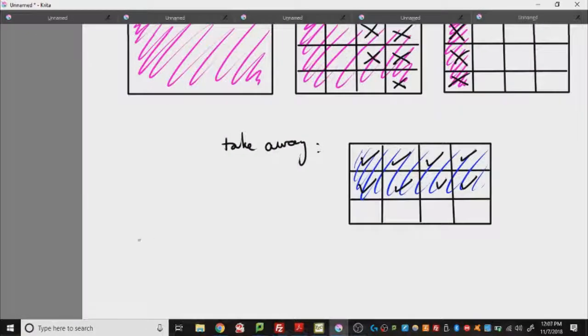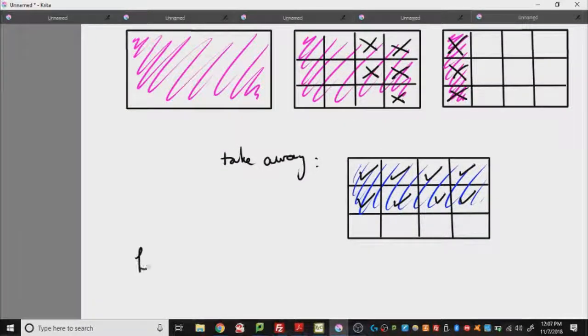Clearly, I have left one whole loaf of bread as well as another 1, 2, 3, 4, 5, 6, 7 pink pieces.